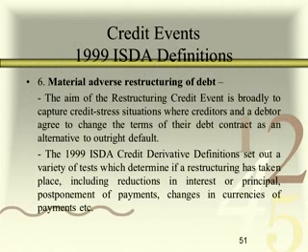Material adverse restructuring. Now, here's where I said in the U.S. we have Chapter 11, Chapter 13. This would be a Chapter 11 where they restructure, and once they go into restructuring, they say, listen, we know you own our bonds. If you allow us to pay you 2% less in interest, or not pay any interest for a year, then we'll come back and start paying interest again and still be able to pay off again at full value.